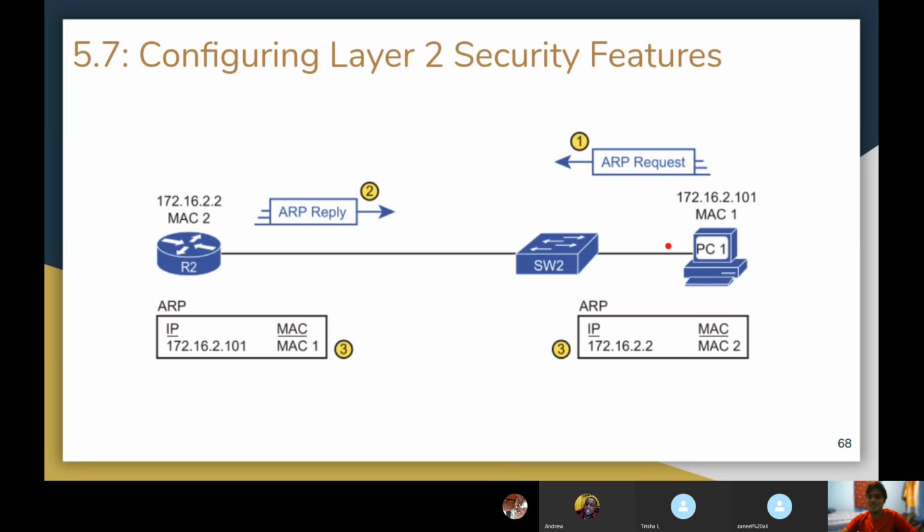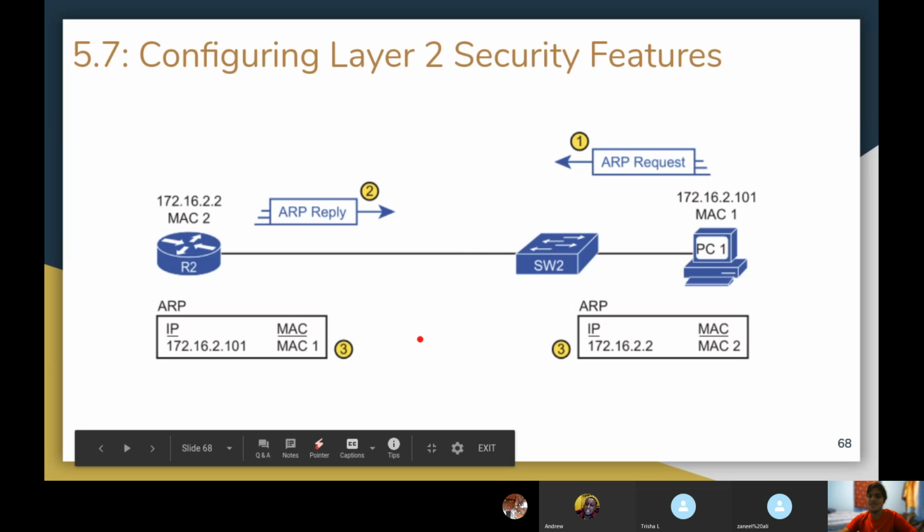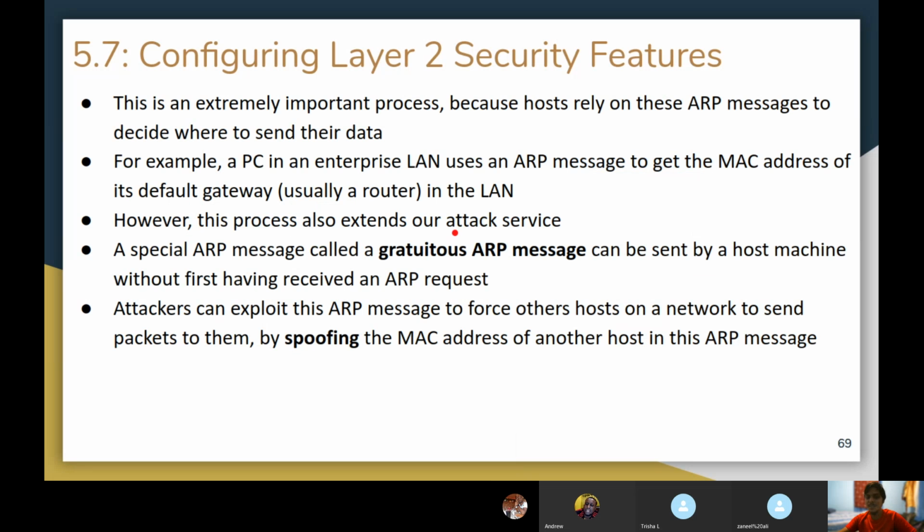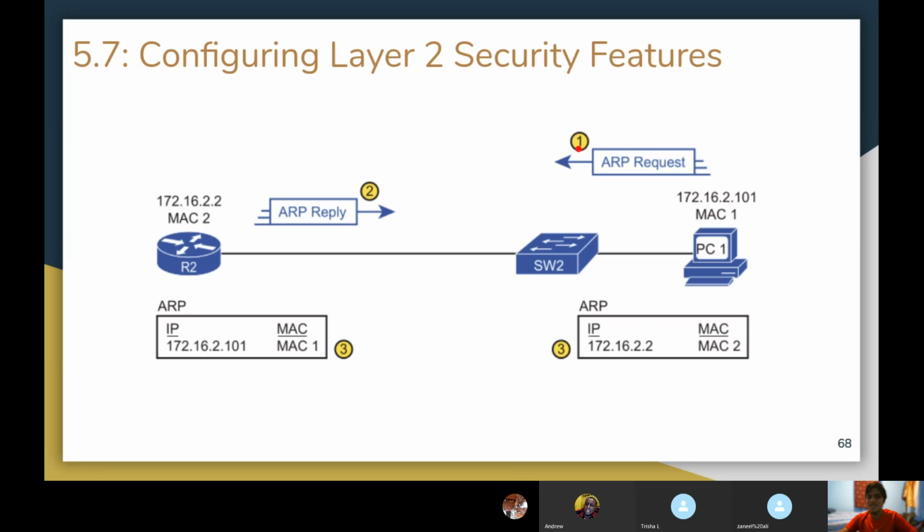He would just say, oh, okay, thanks for the update. And now any messages that he has for this IP address, he's going to send to that new MAC address. So it might go to this rogue attacker now instead of going to this router. Through this thing called a gratuitous ARP message, which is just somebody not asking you for an ARP message, like this. They didn't send that ARP request, but you send them a reply or an ARP update just in case.